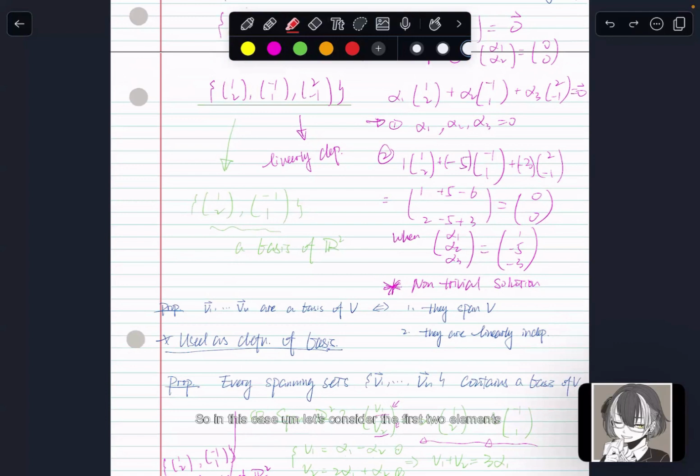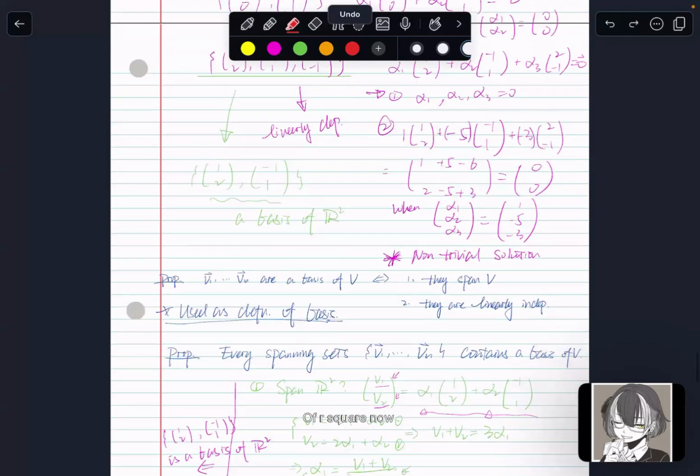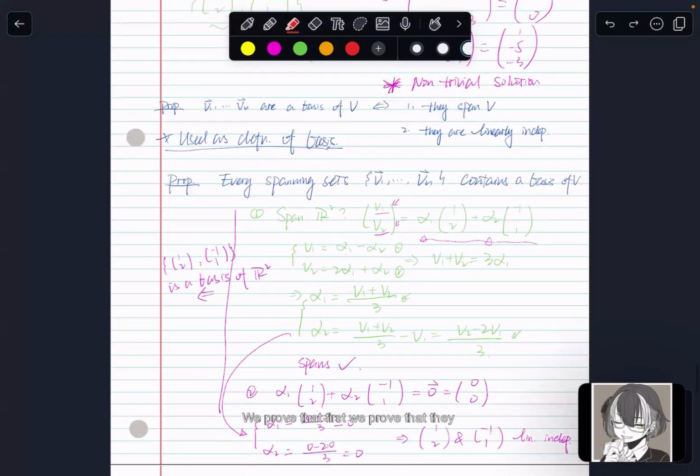So in this case, let's consider the first two elements. All right, these first two elements, we claim that this set (1, 2), (1, 1) is a basis of R squared. Now we prove that. First, we prove that they span R squared. So do they span R squared?